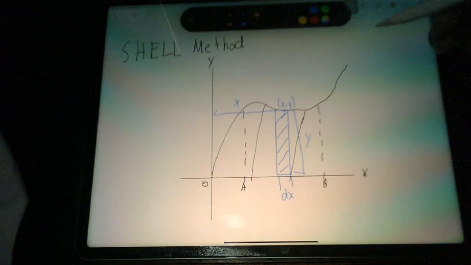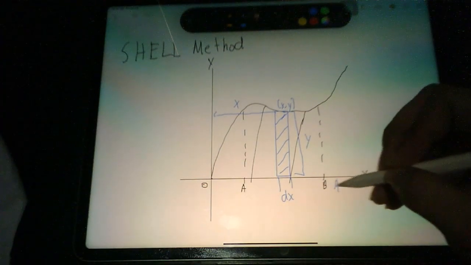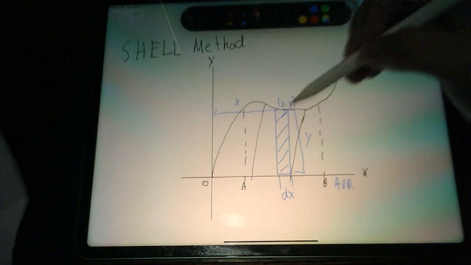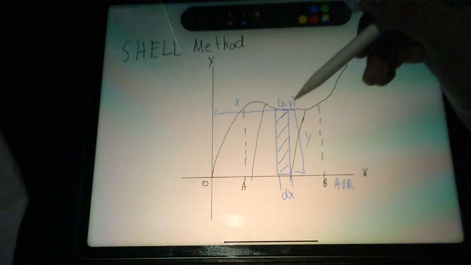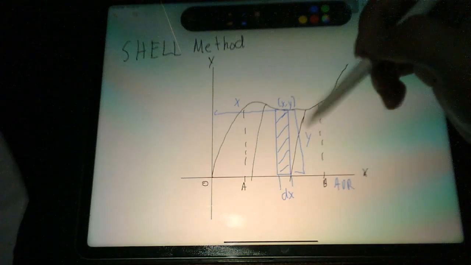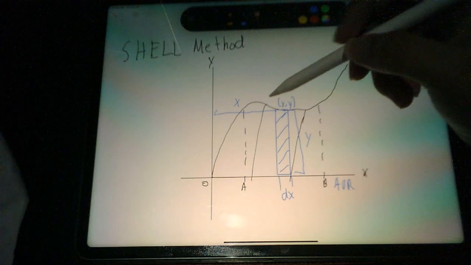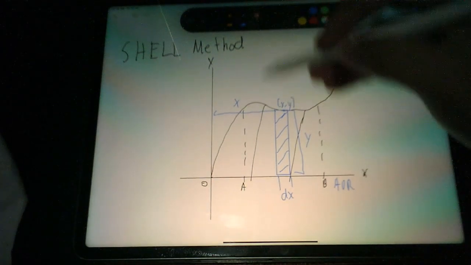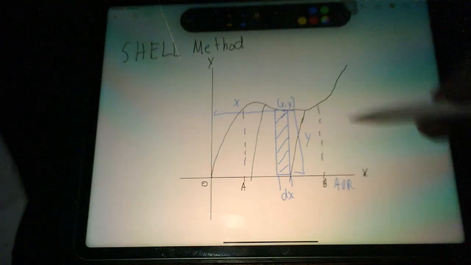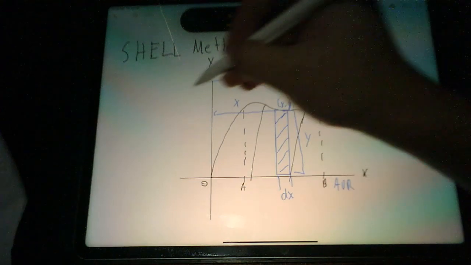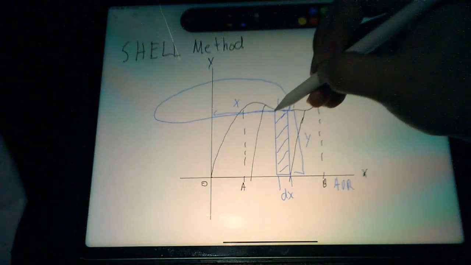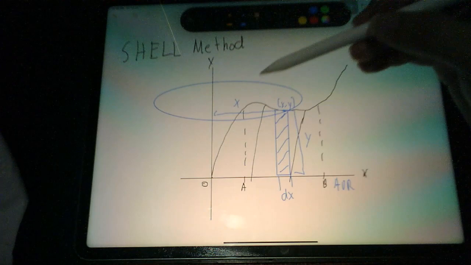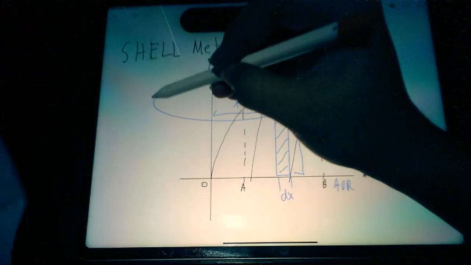So our area of rotation here is parallel to the vertical strip, whether it is vertical or horizontal strip. So in this case our strip is vertical strip, so it is parallel to the strip. So to make a strip here, let's say this is our strip, and we need to put the line here.